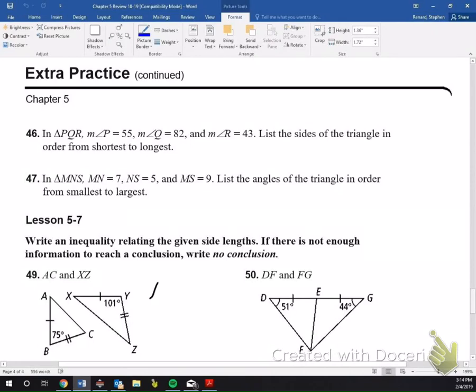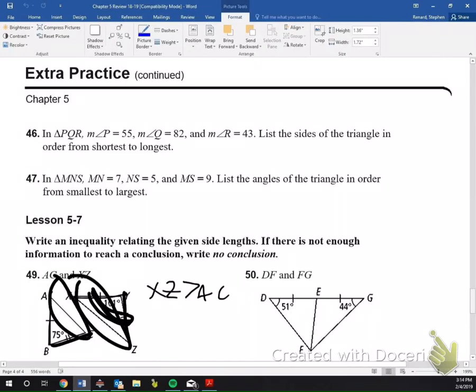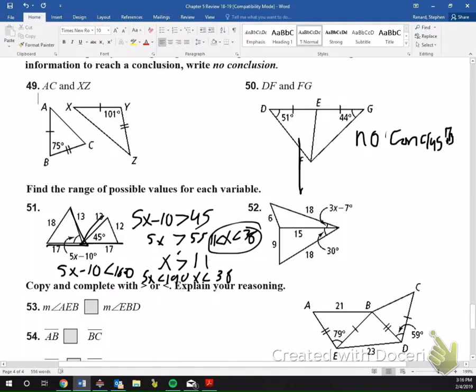So here, XZ has to be bigger than AC, because this side is the same, and BC is the same length as YZ. But because we opened up that hinge larger, XZ has to be bigger than AC. I don't know what just happened.